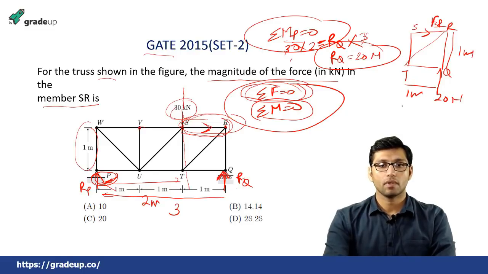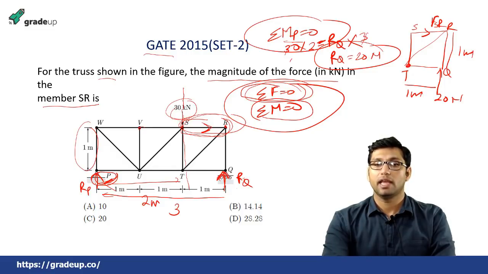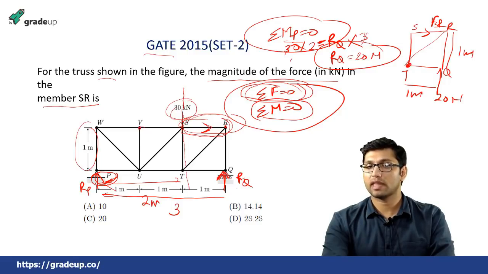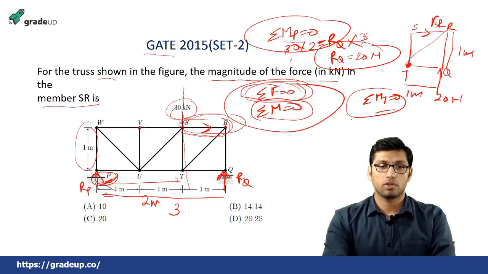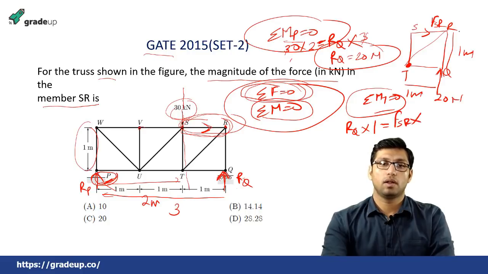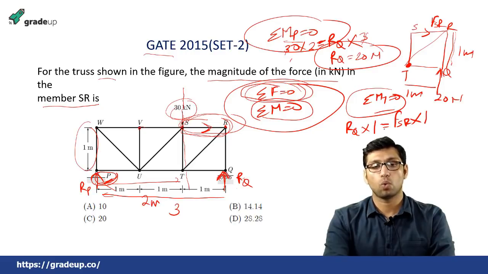So what we can do is, at this point, point T, if we apply the moment, there is no force acting at this point, so the moment at point T will be equal to 0. If the moment is equal to 0, that means RQ into 1 will be equal to FSR into the perpendicular distance, so the moment will be FSR into 1.